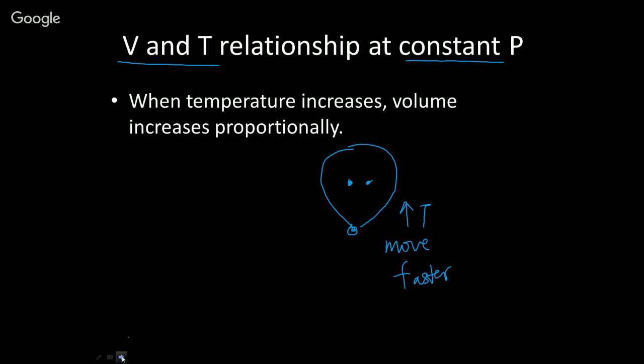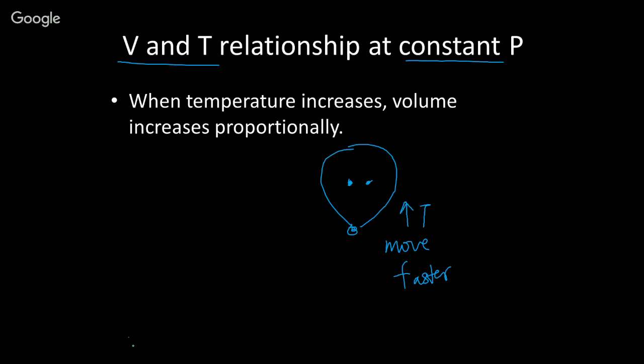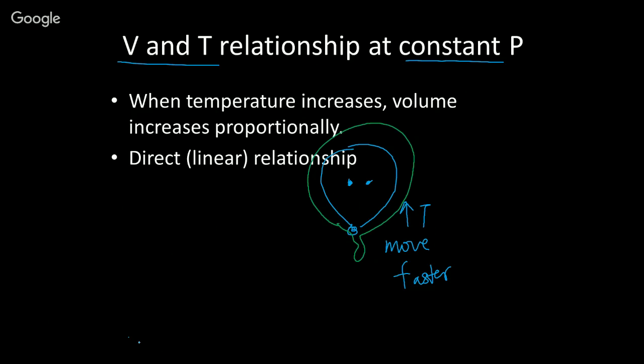So if I change my color here to show you, the balloon is going to get bigger to accommodate those particles moving faster. So it's a direct linear relationship.